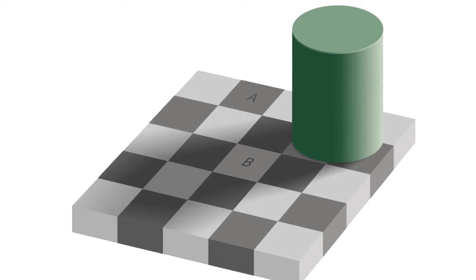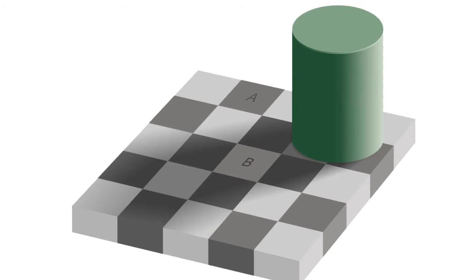There are clearly two different tones of gray, two different colors. There's no way that the square where letter A is, is the same exact color as the square where letter B is.